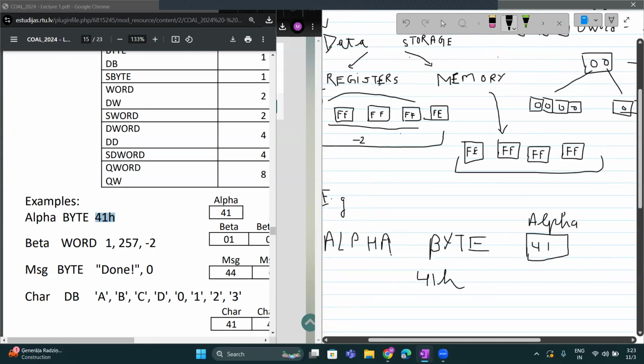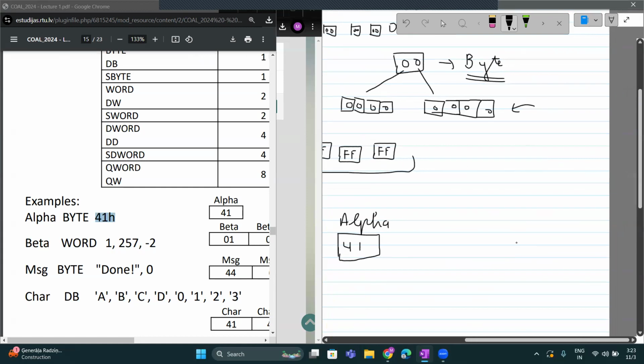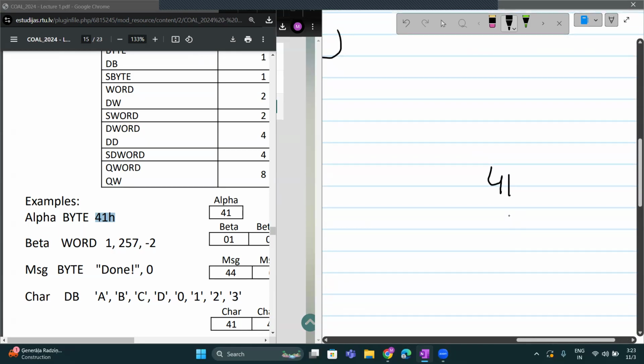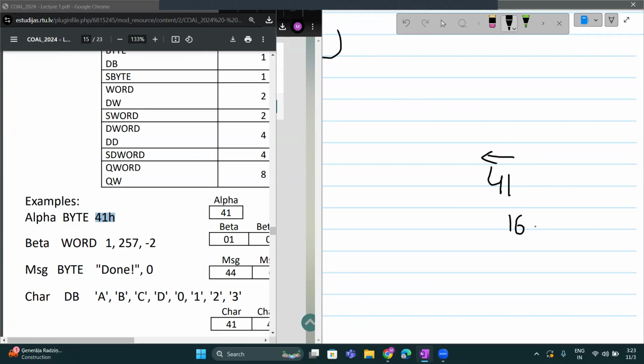Also, if you want to convert some value, for example, 41 from hexadecimal to decimal, we do similar steps as we did in decimal. From left to right, we write the powers. Since it's in hexadecimal form, the powers will be of 16.